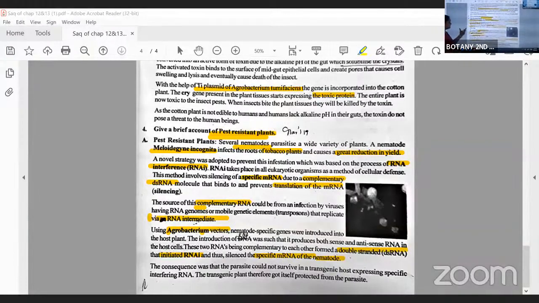And after this, what we have to write at the last, just like Bt cotton: once we have changed the genotype, this plant is also not edible by everyone. Those who consume cigarettes are a different case, and the other people who are not consuming it do not come under that category.